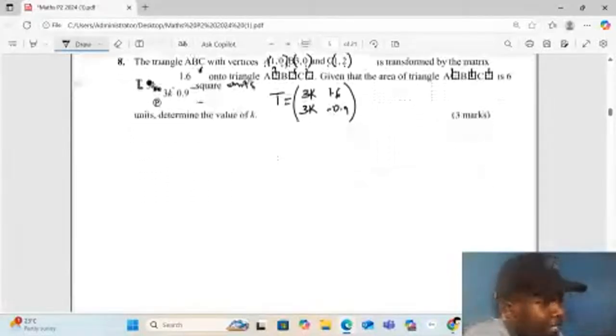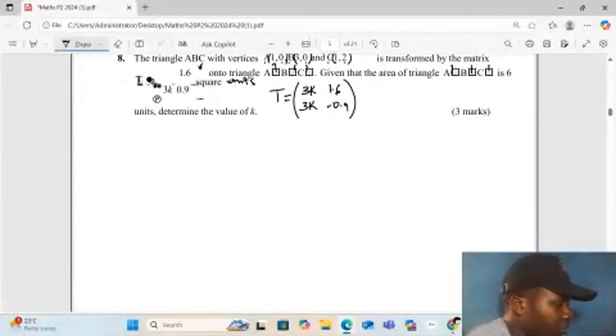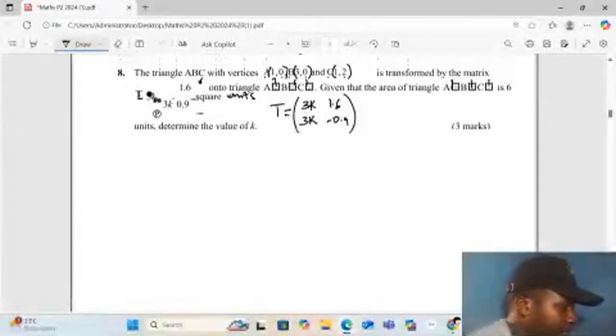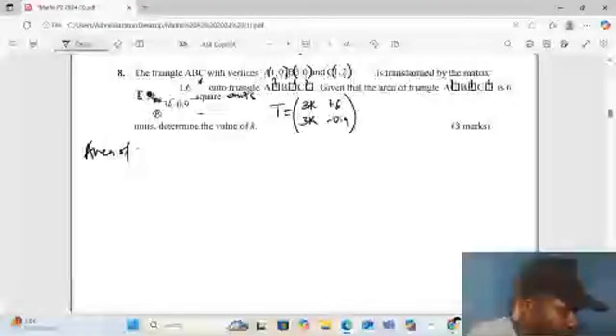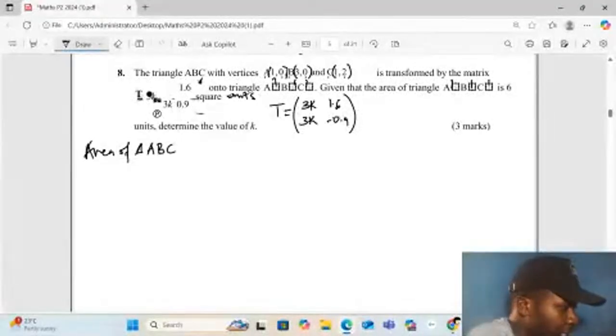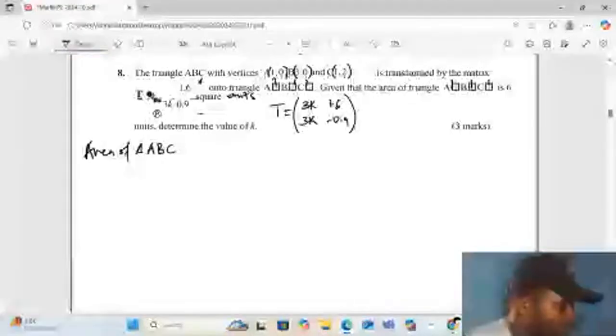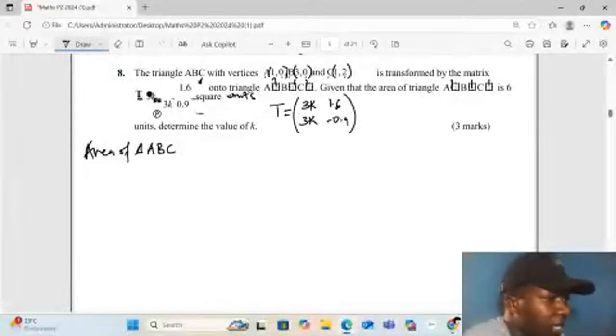Now in this case, before you move a step, you have to find the area of triangle ABC.